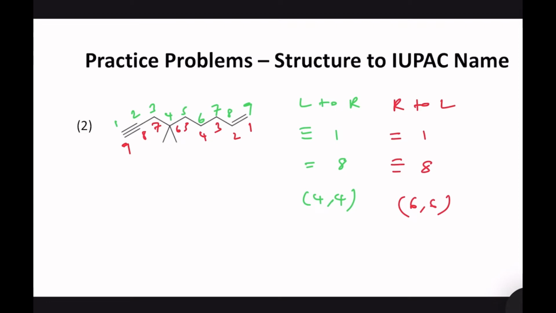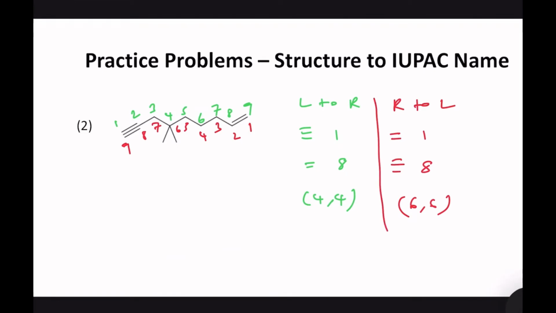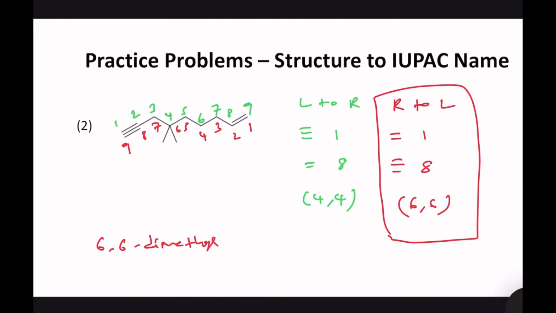Even though the substituents are coming at a higher position here, this is the preferred way of numbering, because we have a tie, and therefore the correct IUPAC name for this molecule is 6,6-dimethyl, total 9 carbon atoms in the parent chain, so non-1-ene-8-yne. That is the correct IUPAC name for this molecule.